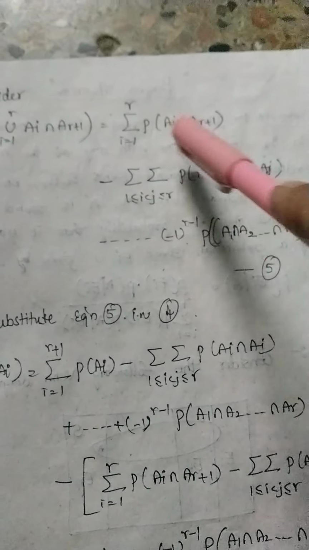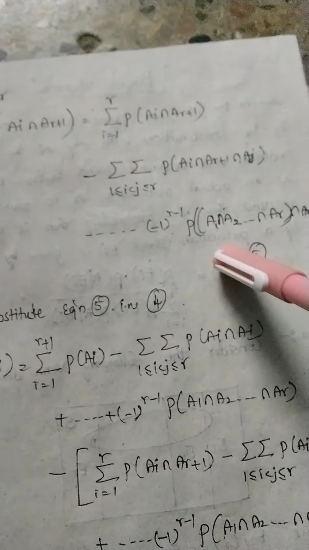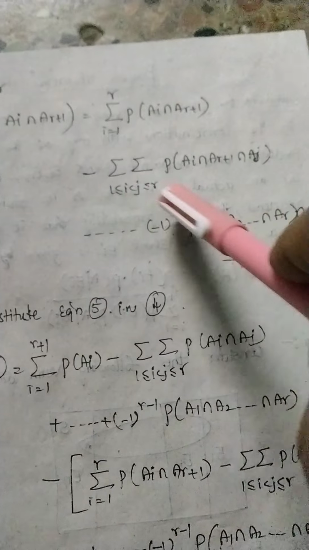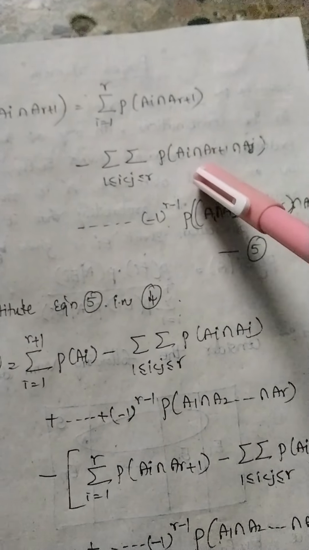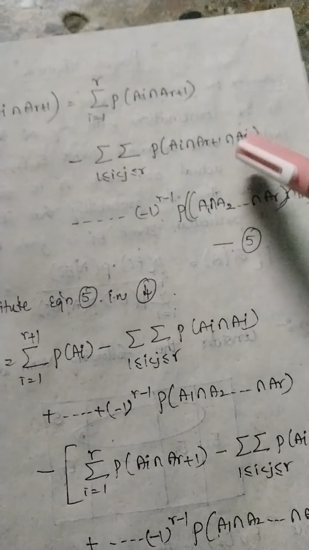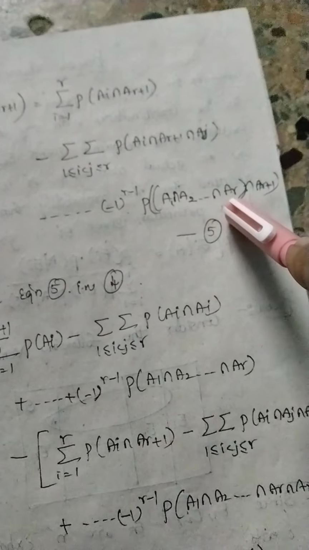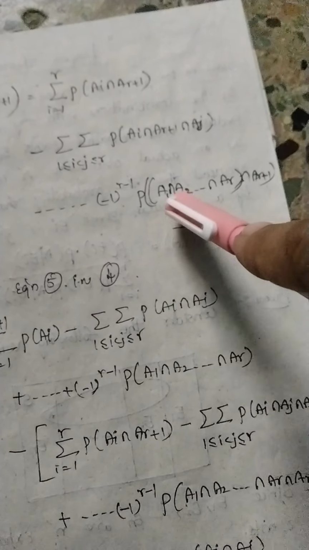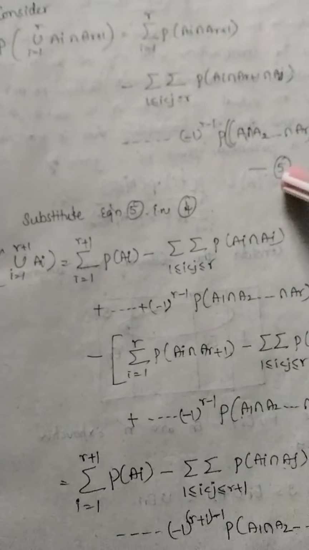Here in the place of A_i you are going to write that. So what will be the second term? i and j lying between 1 to r. In the place of A_i, that is A_i intersection A_{r+1} intersection A_j, you are going to write. The last term will be A_1 intersection A_2 intersection and so on, intersection A_{r+1} terms. Let it be taken as equation 5.